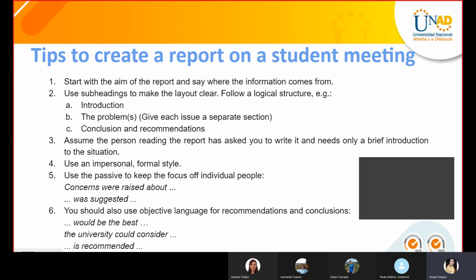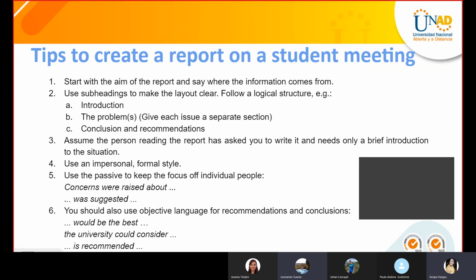And this structure has an introduction, the problem or the situation, and the conclusion and recommendations that you have about this topic.